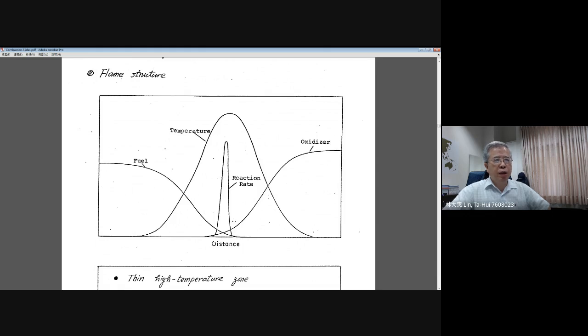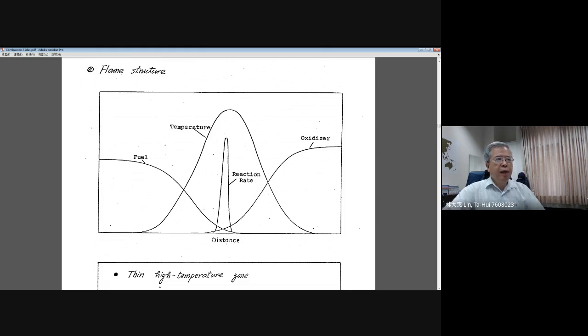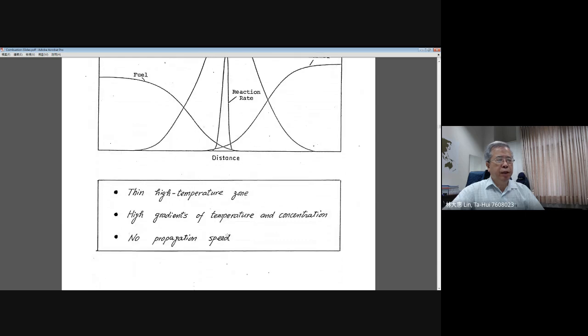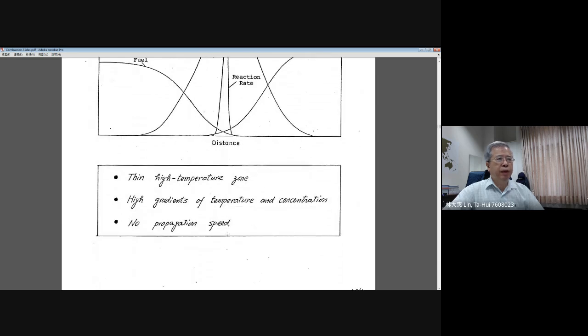I will give you some experimental observation to think about those kinds of leakage. And I emphasize three important combustion characteristics for a typical diffusion flame: the thin high temperature zone the diffusion flame has, and the high gradients of temperature and concentration occurring in the neighborhood of the diffusion flame.